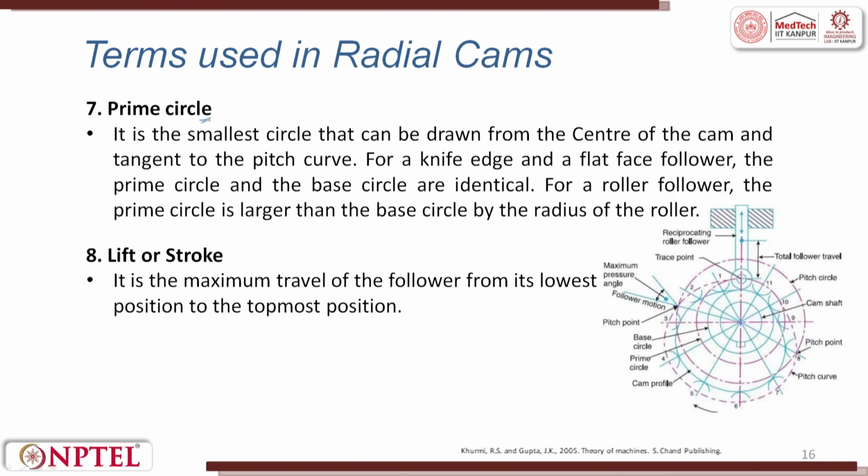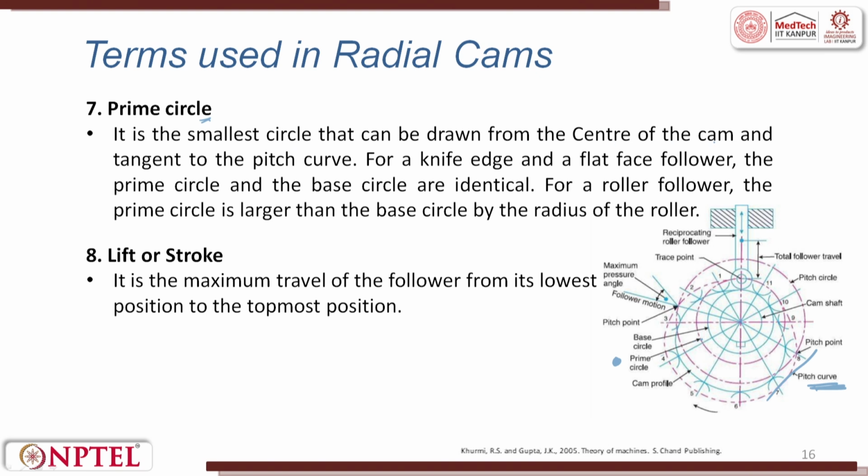What is a prime circle? Prime circle is here. It is the smallest circle that can be drawn from the center of the cam and tangent to the pitch curve. Where is your pitch curve? This is your pitch curve, a tangent.